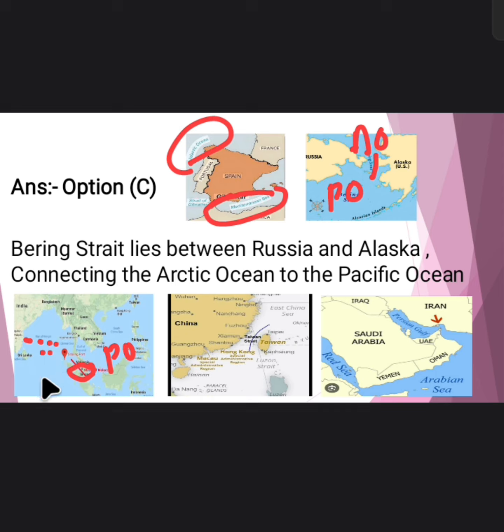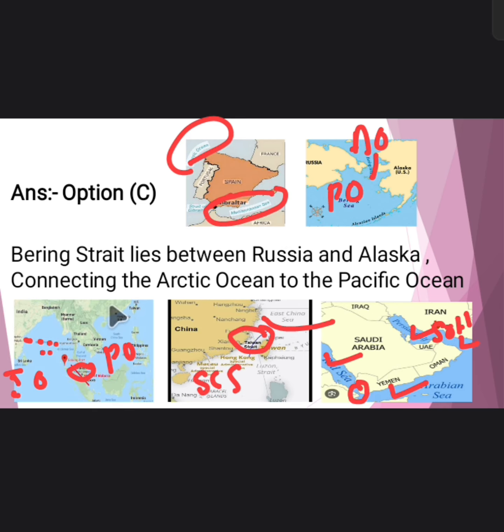This is the Bay of Bengal, part of Indian Ocean, and this is the Taiwan Strait, which is connecting East China Sea with South China Sea, and here we have Strait of Hormuz connecting Gulf of Oman to the Persian Gulf. Here we have Bab el Mandeb Strait connecting Red Sea to the Gulf of Aden. So after we understand the locations of these straits in the world, now let's solve the given question.